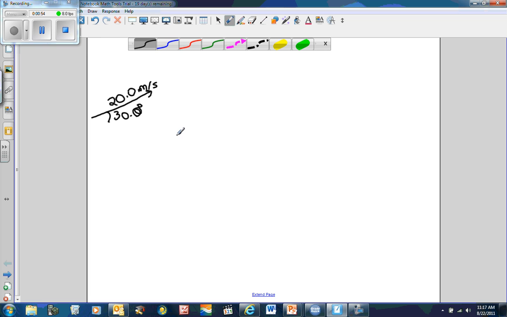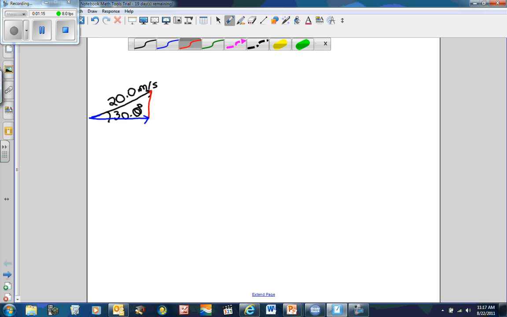Well, to do that, we first of all are going to have to make a triangle out of this. In other words, this velocity is both an x and a y, right? It's two-dimensional.